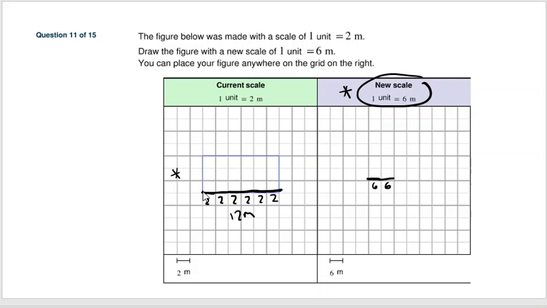Now, when we look at this side, we have a 2, 2, 2. So that means that this side is 6 meters using this current scale, okay? So if we're using the new scale, 1 unit is 6 meters. So that's going to look like this, okay? So here's the original figure. Here is the figure using the new scale.